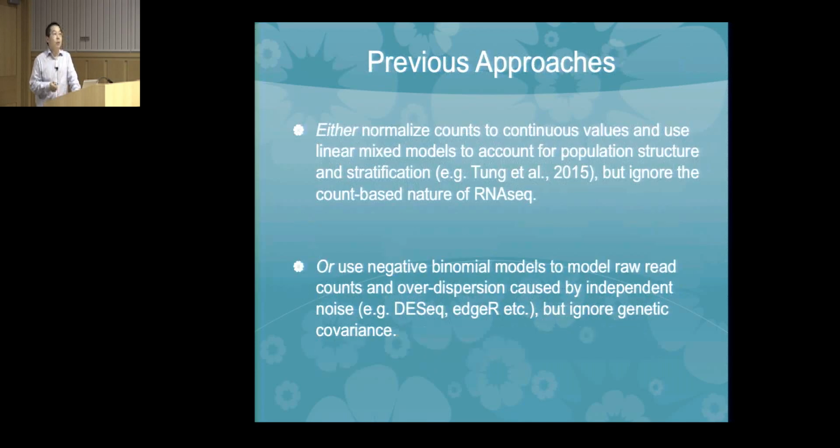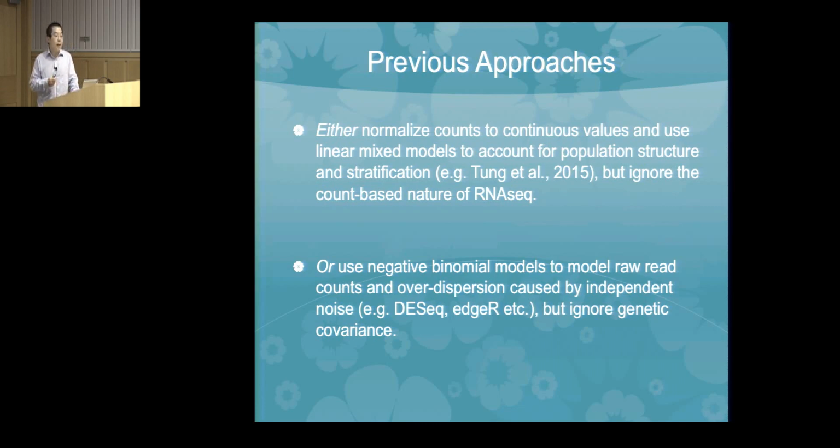So when you have RNA sequencing data that has the first feature, that it is count-based, and the second feature, that gene expression is heritable, giving you sample non-independence, you definitely want to account for both features. But previous approaches have only focused on one of these two features. For example, one approach tries to normalize the counts to continuous values.